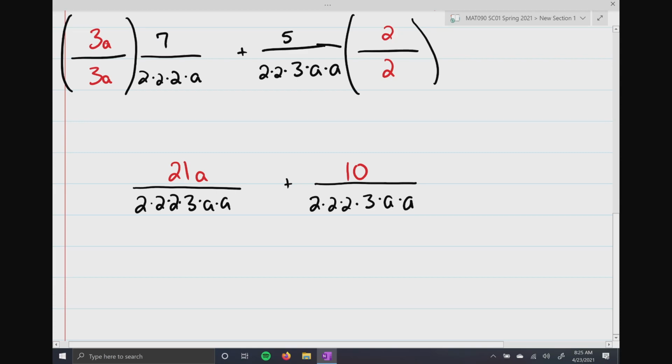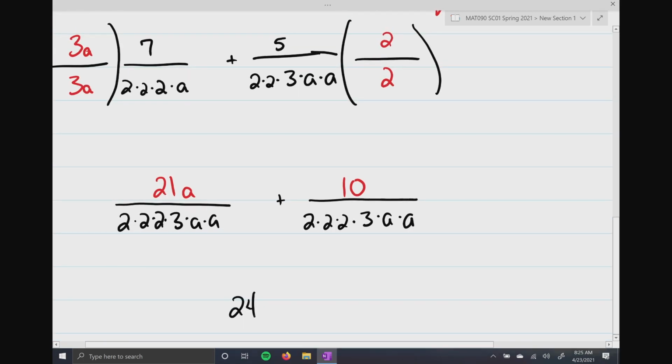Now, here's the stinky part. You actually have to multiply out the denominator. So you got 8 times 3 is what? 24? And 24 times A is going to be 24A squared, underneath 21A plus 10.